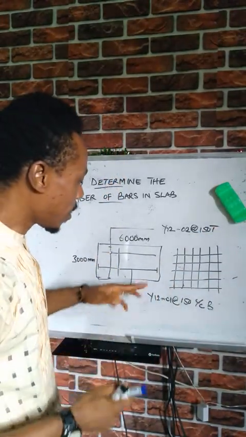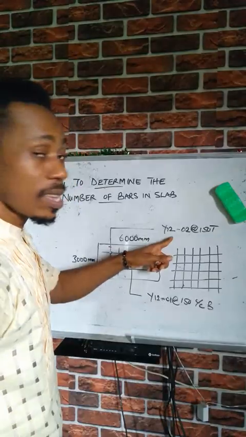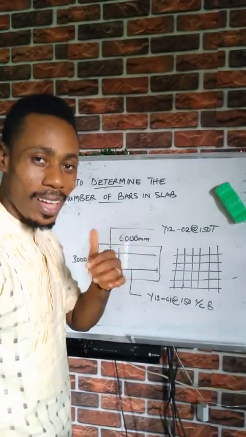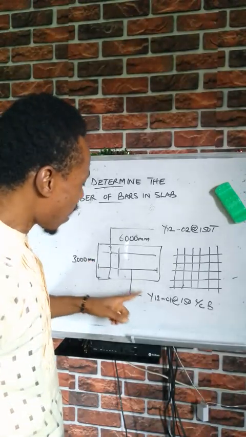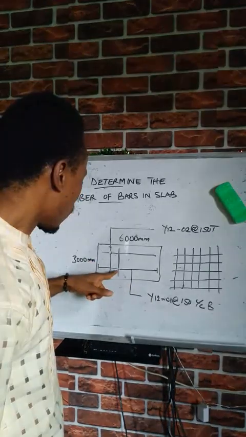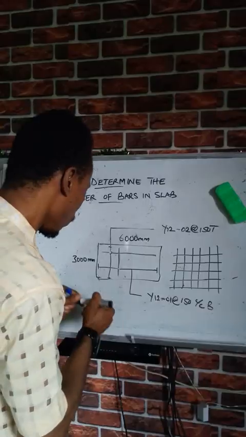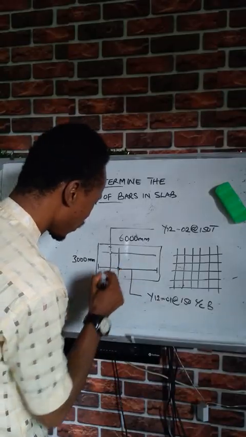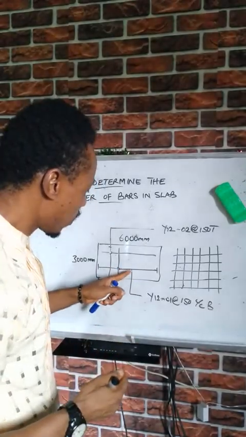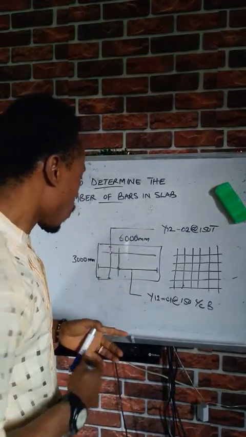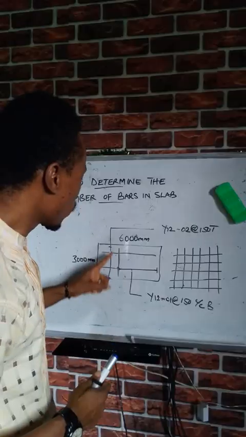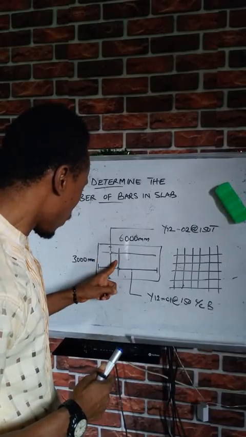So you can see now this is bottom, this is top. Sorry, it's raining out there. So we have this as bottom, that is for this reinforcement, while this is for the top. So how do we calculate the number of this reinforcement and this one?